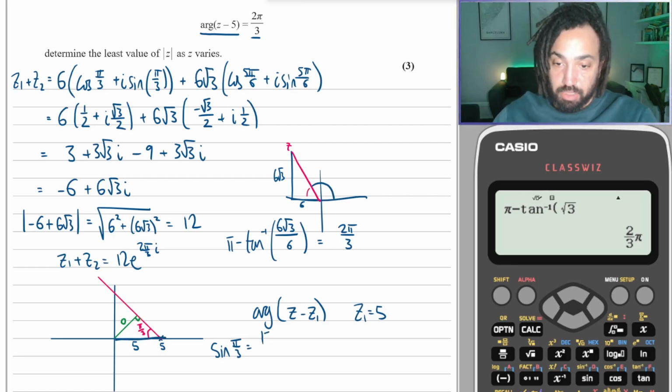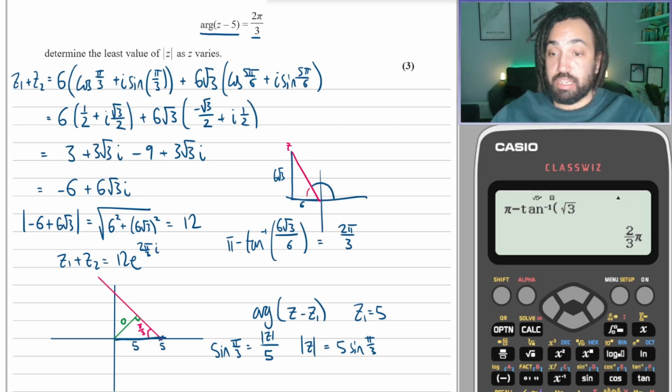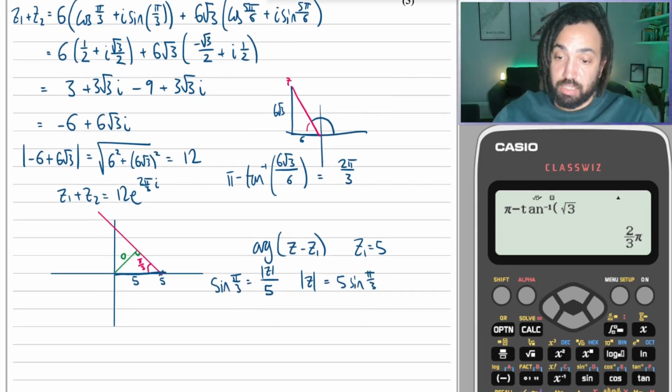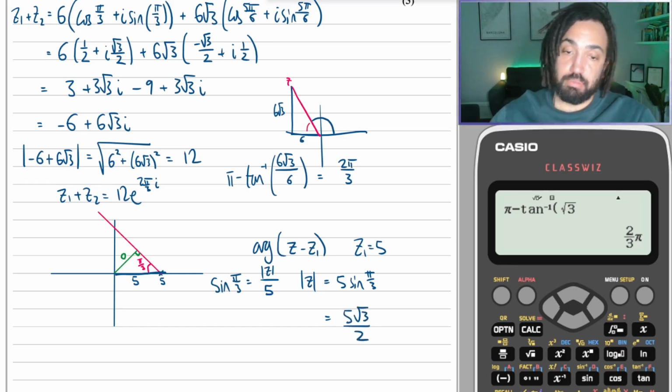So the opposite is the magnitude of z, and the hypotenuse is 5. So the least magnitude of z is going to be 5 sine pi over 3, and sine of pi over 3 is root 3 over 2. So 5 root 3 over 2. Bosh! Come on.